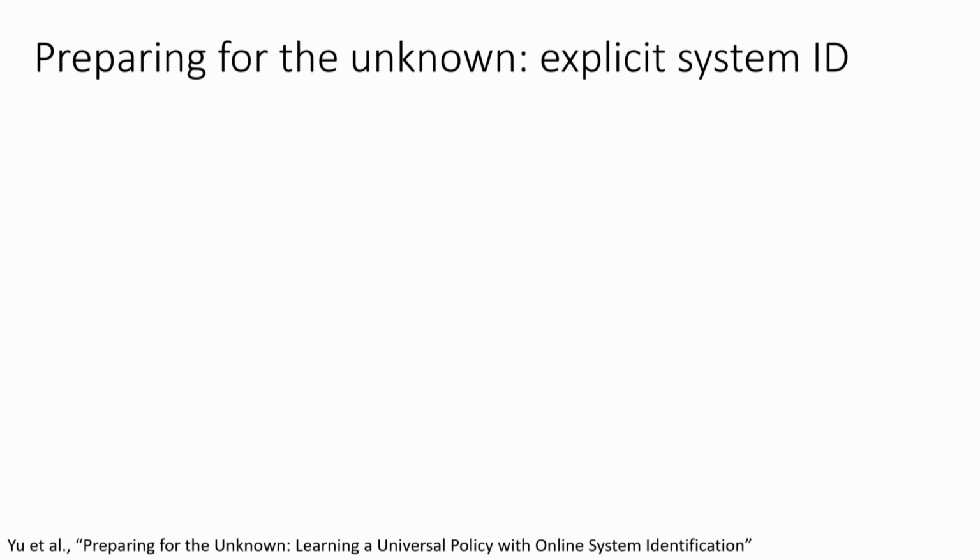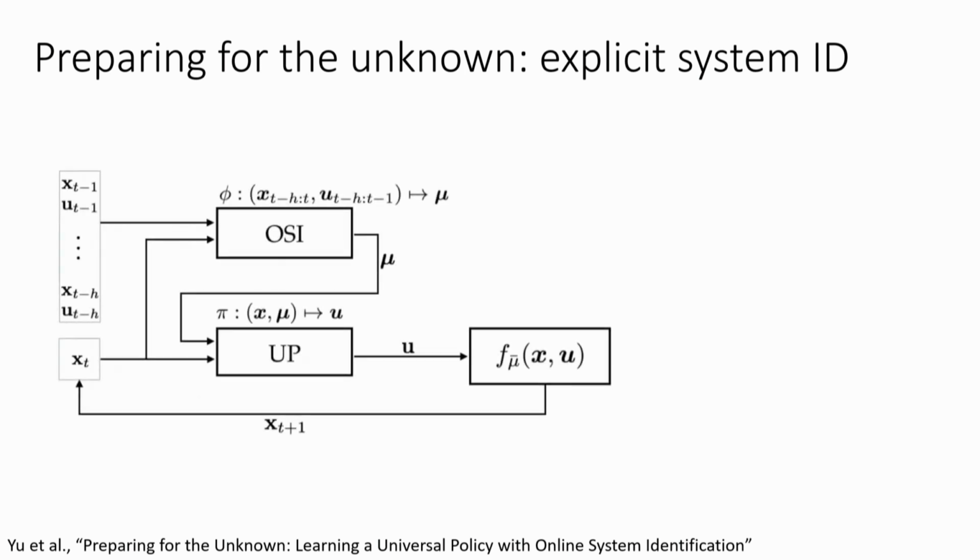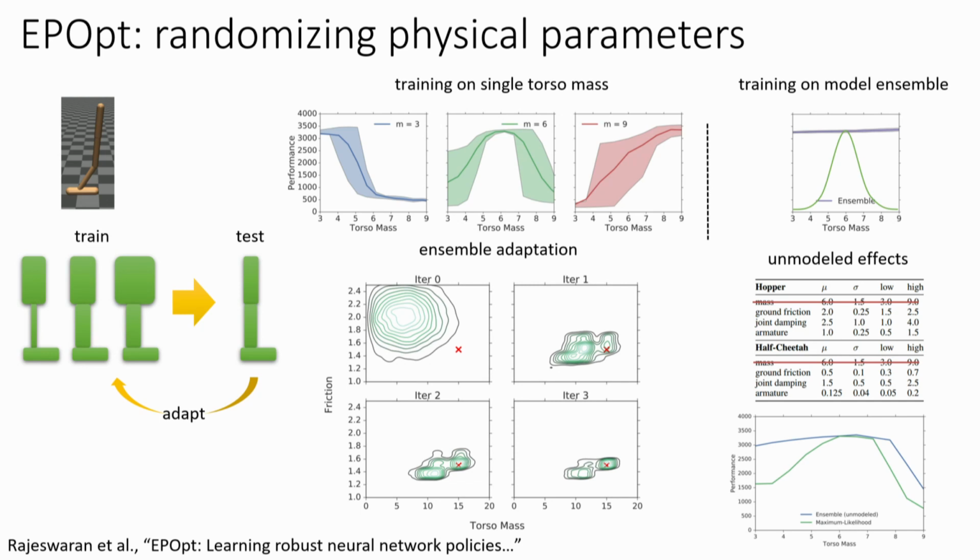So this paper, called Preparing for the Unknown, proposes a pretty clever design where you combine your policy with a little recurrent neural network that essentially tries to figure out what the current simulator parameters are. So here we vary the simulator parameters, but we don't tell the policy anything about what's going on, and we just say succeed for all possible parameters.